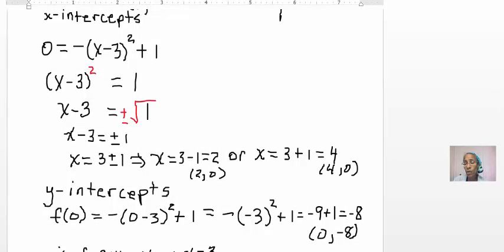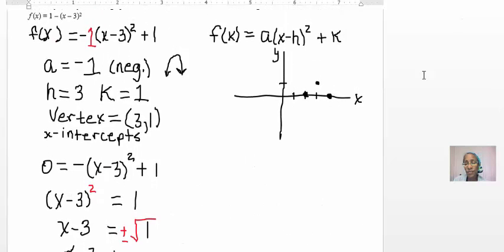Okay, so we have enough to get a rough draft of this. Here's the axis of symmetry, x equal to 3.